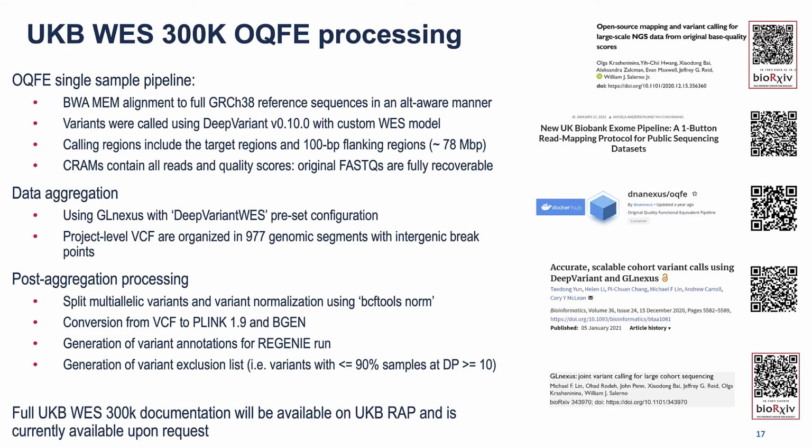We aggregate these data with GLnexus, and then there's some post-aggregation processing we do in order to make these data as amenable to as broad a set of research goals as we can. We don't do excessive filtering. We don't try to refine the data for any specific purpose. We're really trying to provide the UK Biobank researchers everything that they might need to do any analysis they might imagine.